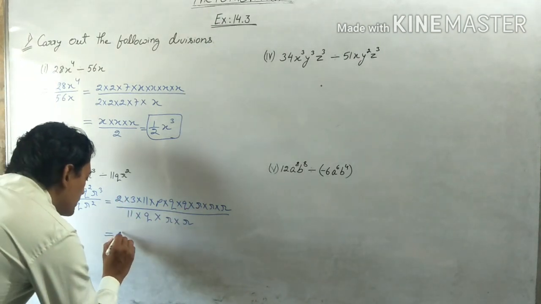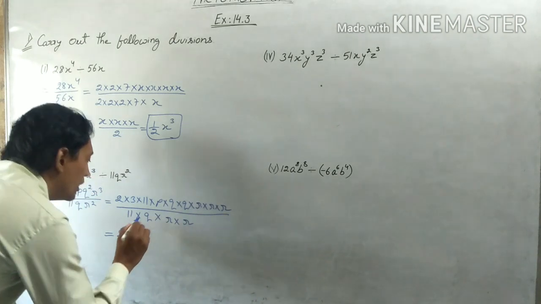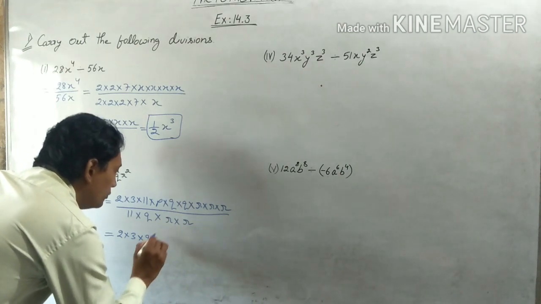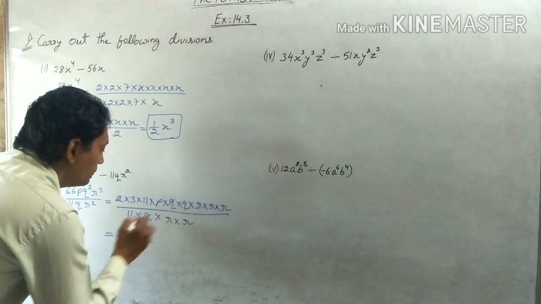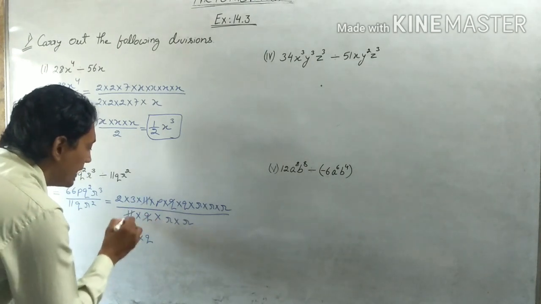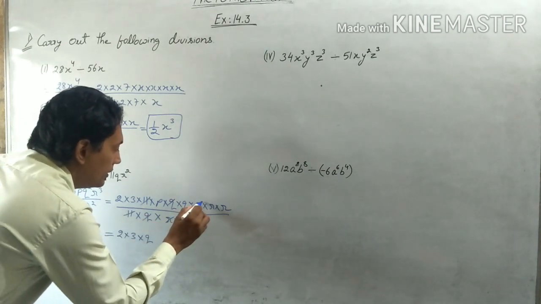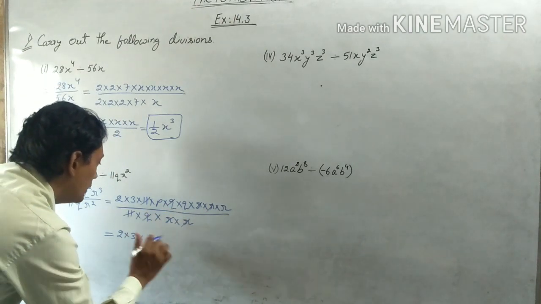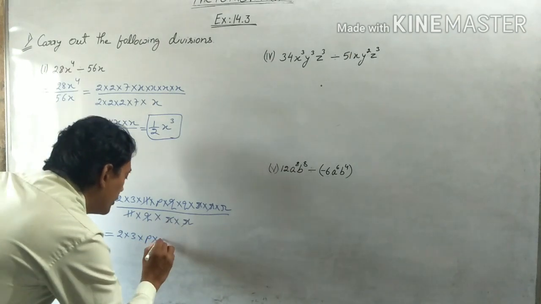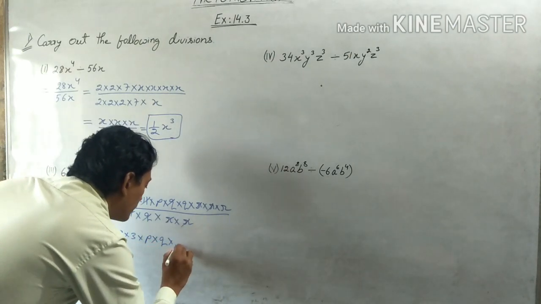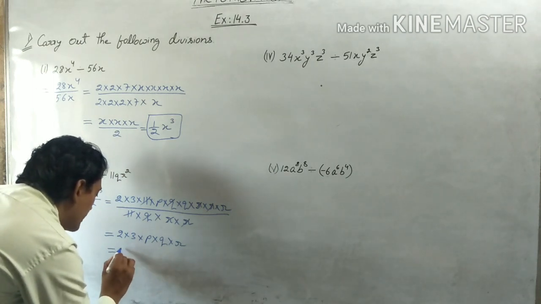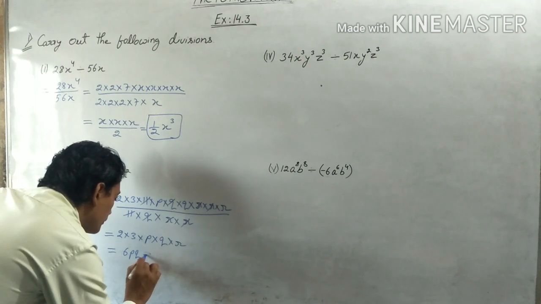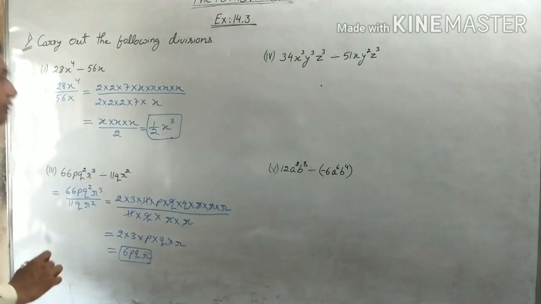So what we are remaining with is 2 into 3, and p into q into r. Okay, so the final expression you get is 6pqr. So this is your final answer after division.